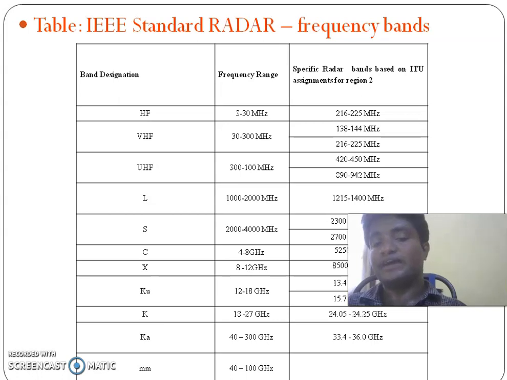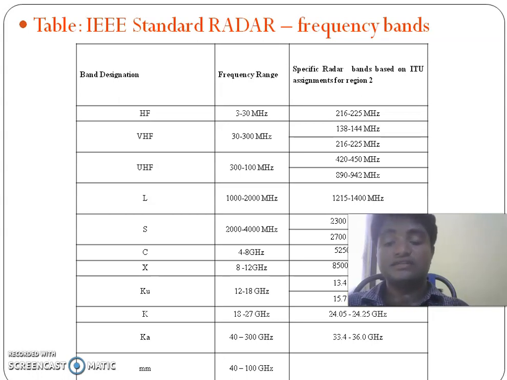These are the different bands and their frequency ranges. The third column indicates the radar frequencies in each band. Normally, the radar frequencies are high frequencies. This is about the radar frequencies.